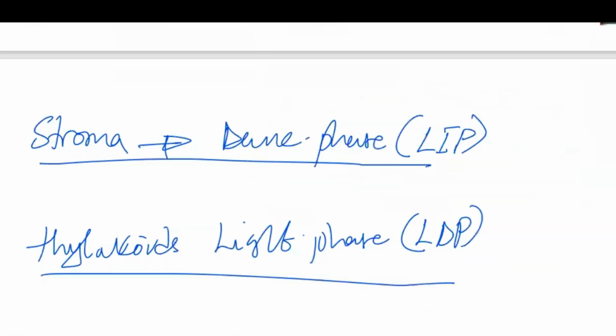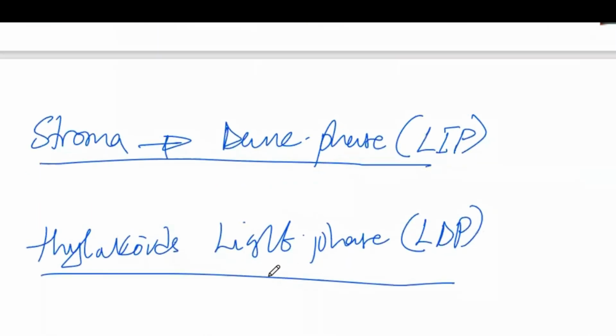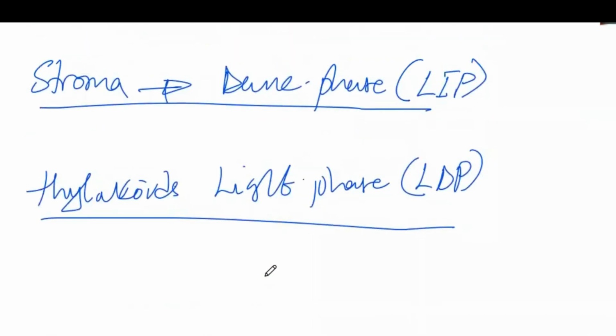So what happens is, when the dark phase and light phase are complete, you will have what you call carbohydrate. But carbohydrate does not just come like that.